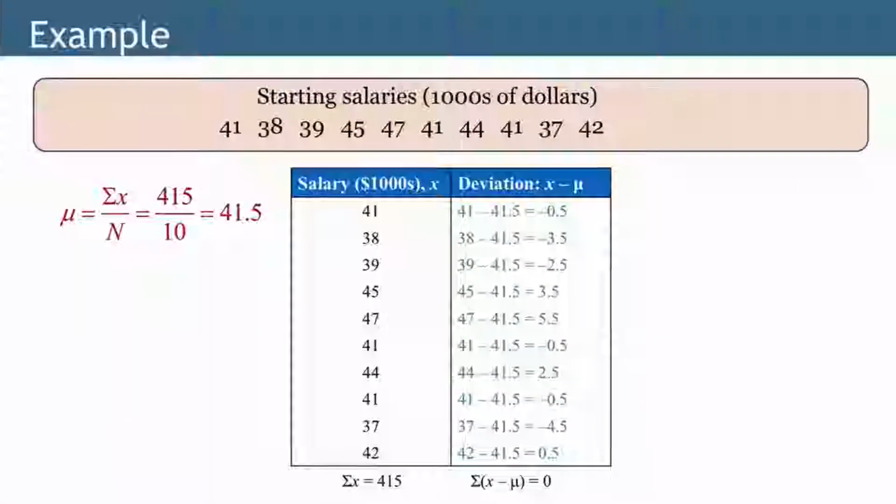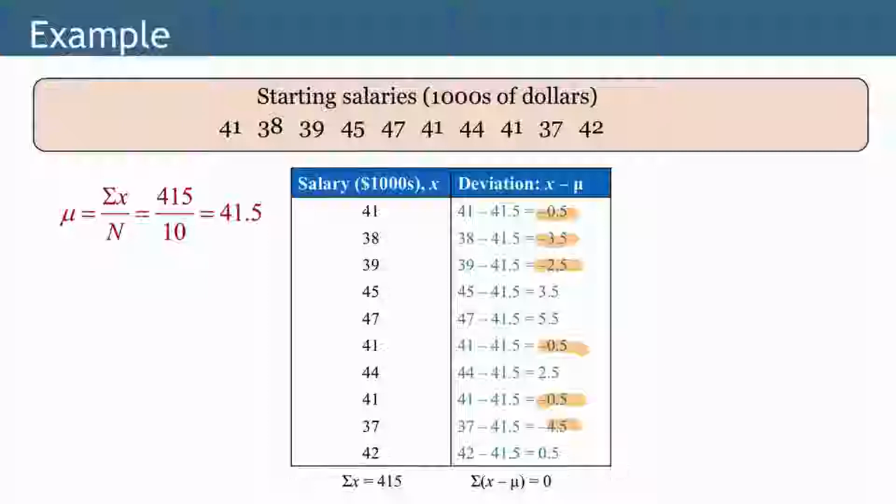Okay. So for example, on the next slide here, here are some deviations, right? And this is that same salary data. I calculated the mean, and the mean is 41.5, and so there are your deviations. Now notice some of the deviations are negative, right? Well, why is that?